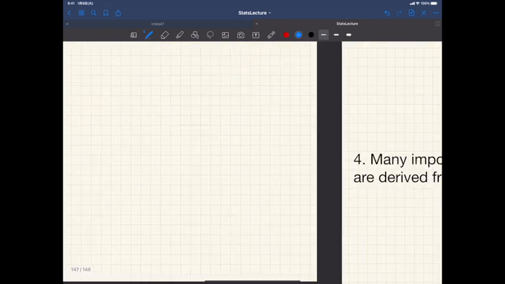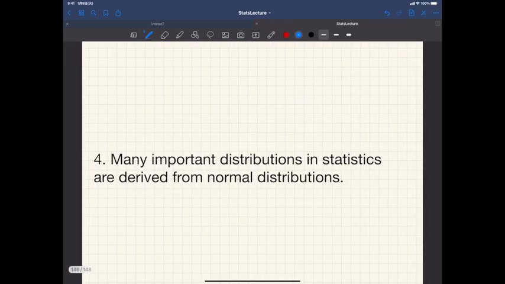And fourth, many important other distributions in statistics are derived from normal distributions. We are going to learn some such distributions in later lectures.